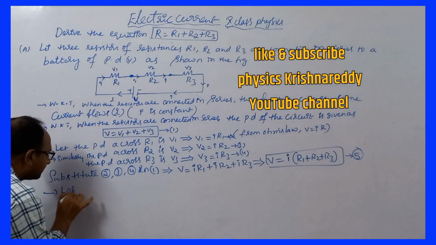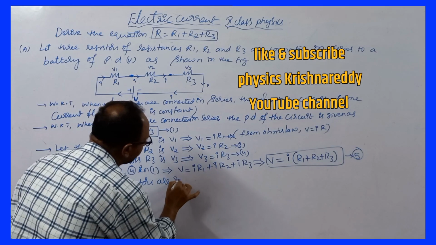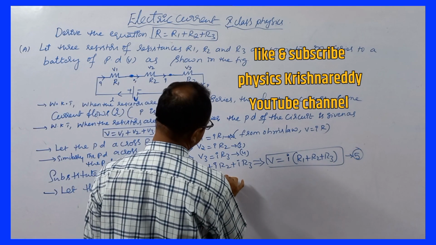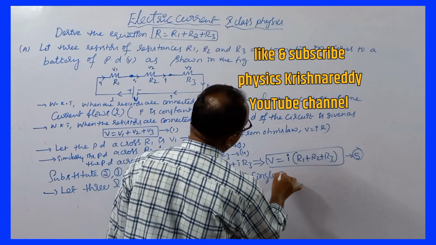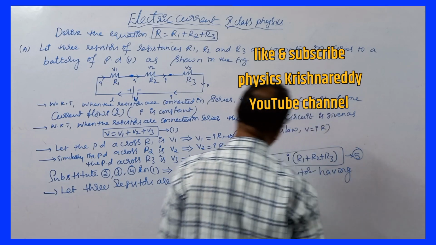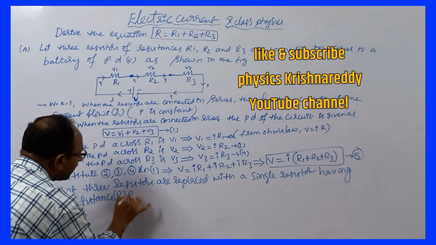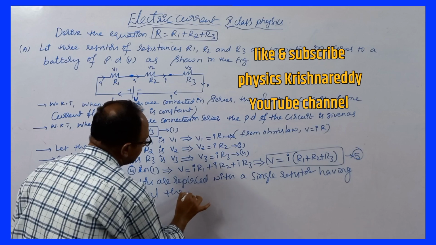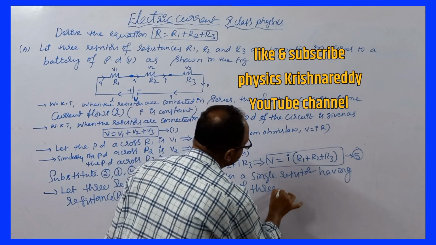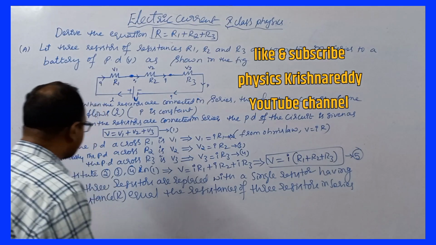Let the three resistors be replaced with a single resistor having resistance equal to the resistances of the three resistors in series, as shown in the figure.